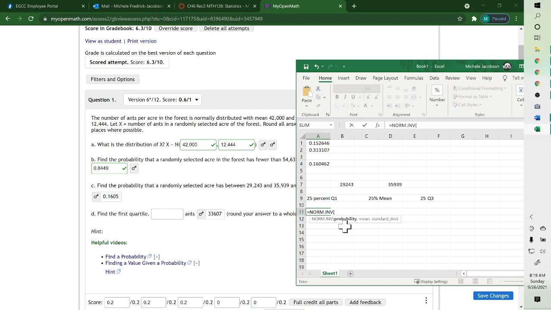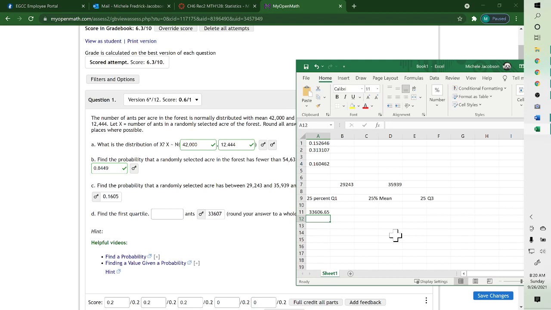And then it tells you probability. We want Q1, so 25% of the data is below it. So we click 0.25, comma, the mean, 42,000, comma, standard deviation, 12,444, and hit enter. And there's your value. If you had to find Q3, you do the same thing, but there's 75% of the data below it.